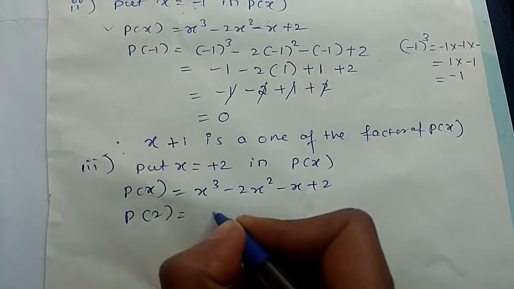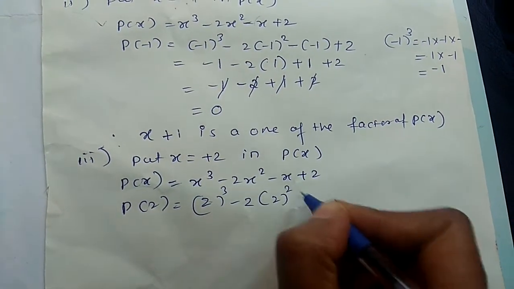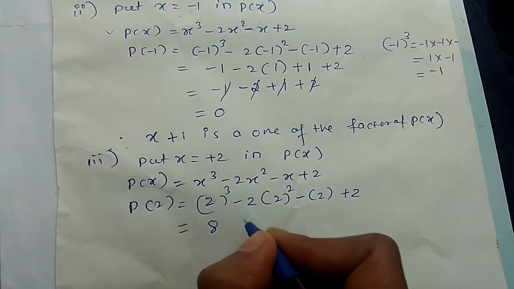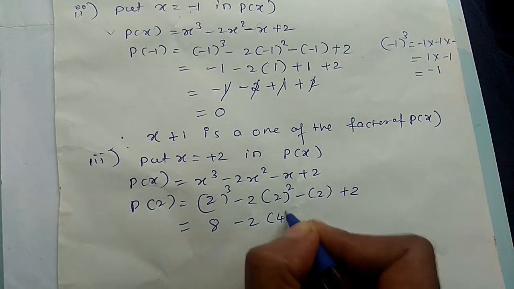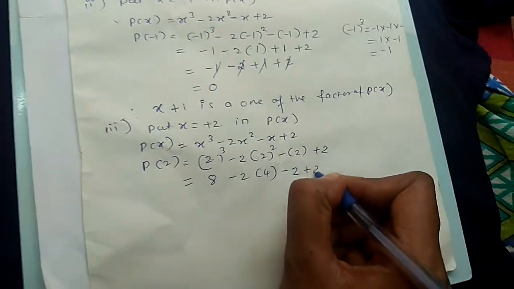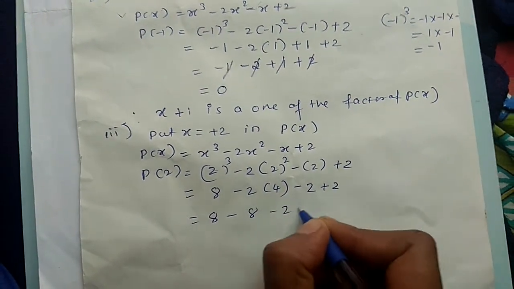So 2 cube minus 2 into 2 square minus 2 plus 2. So 2 cube is 8 minus 2. 2 square is 4 minus, plus will be minus, so 2 plus 2. This will be 8. 4 2 is 8 minus 2 plus 2.